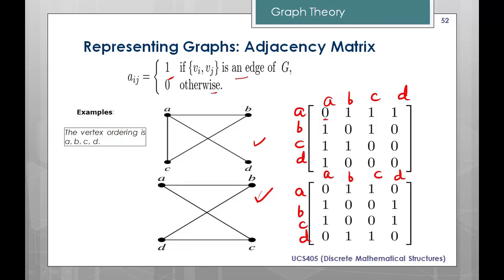A to B, yes, there is an edge, so we write 1. Same way A to D, A to C. I hope this table is clear. In the same way we can write all the values: if there is an edge, we write 1; if there is no edge, we write 0.